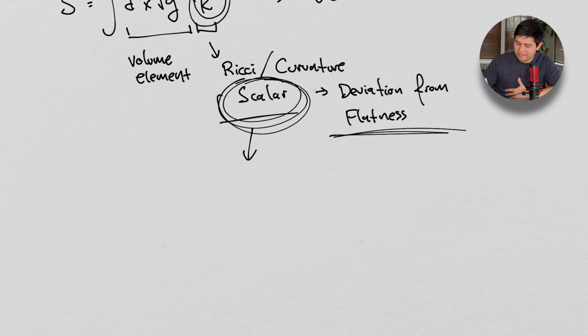A scalar is something that is invariant under transformation. So this is my argument for why I think transformations are everything, right? We could have a debate about this until the cows come home, but the idea being is that this is invariant.